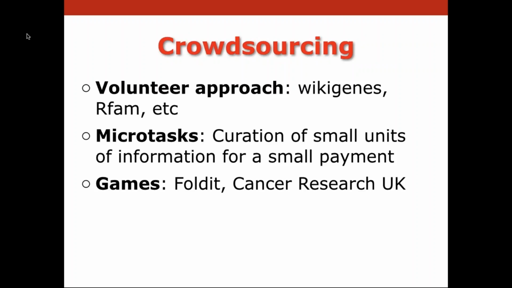So just to tell you, is this string of text a variant, yes or no? There's a paper that Lynette Hirschman published about this. It was quite successful for that small task. But of course, if you want to do more complicated tasks, then you need to start making bigger payments. And you also need to control for the contributors, their expertise, how many false positives they give you, like what's the quality of their work.